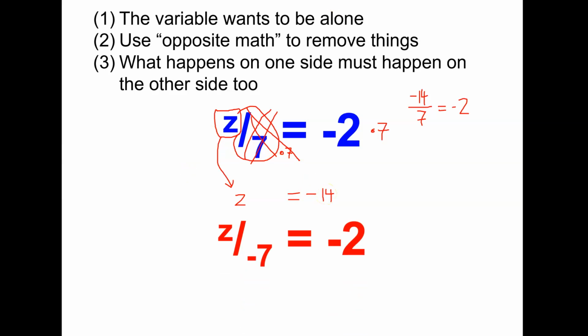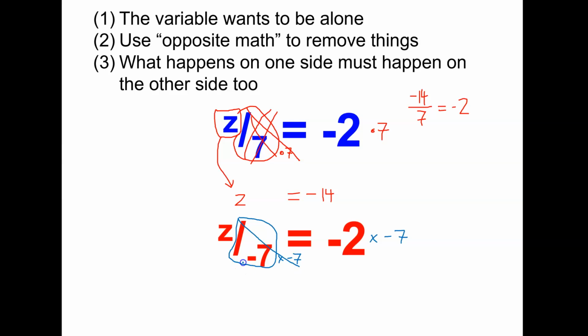We can do the same thing down here for this red problem. We want to get rid of divided by -7, which means we need to multiply by -7, since multiplication and division are opposites. We got to do the same thing on this side.